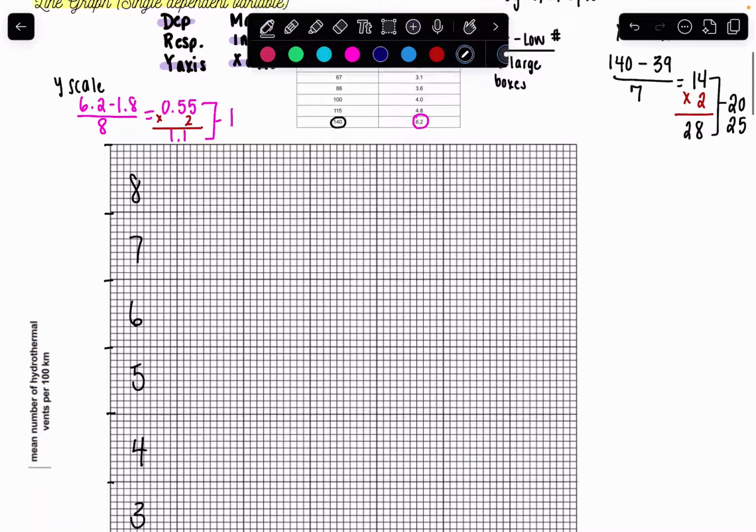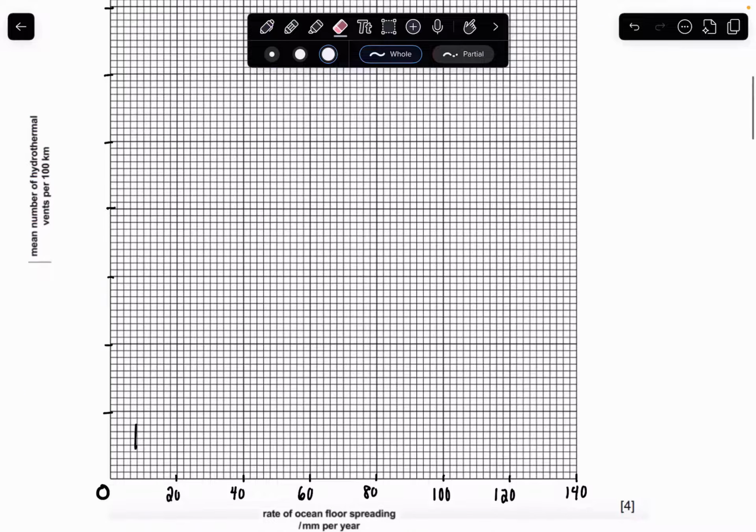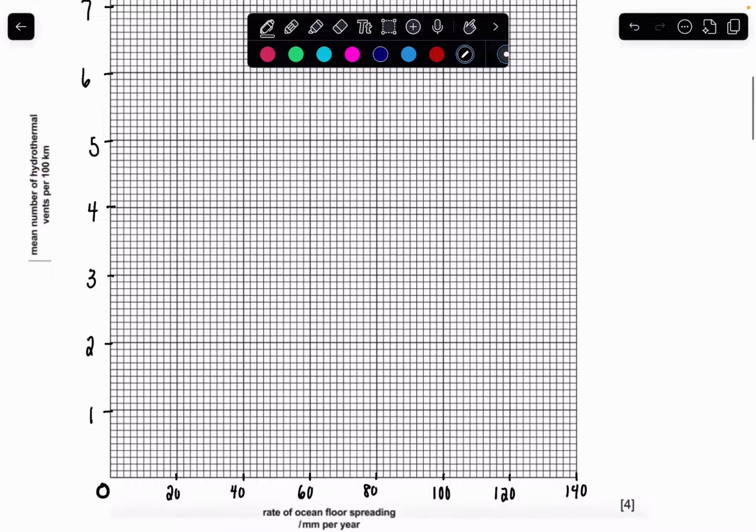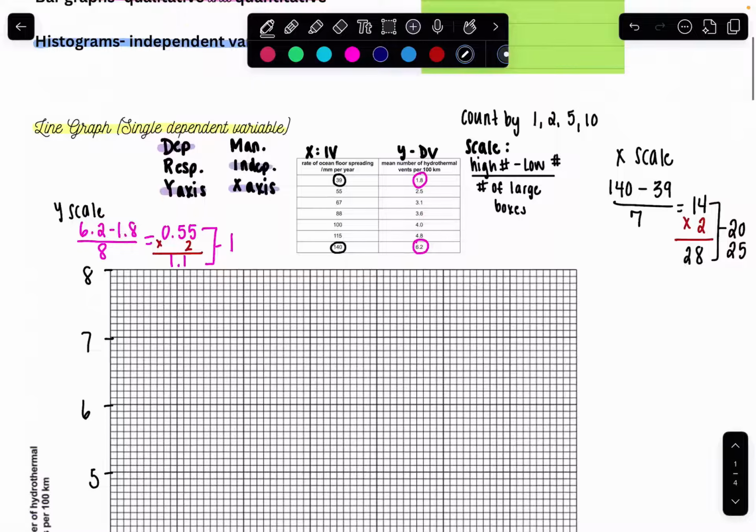So let's count by 1. We're going to write our number on the darkened line that we drew a hash for. Did we include our lowest number? Yes, it's 1.8. We have 1 all the way to 8, so we're okay. Did we include our highest number? Yes, it's 6.2. We went all the way up to 8.